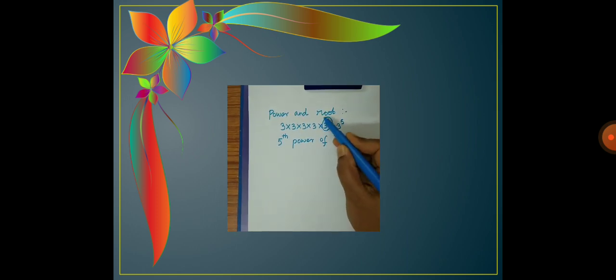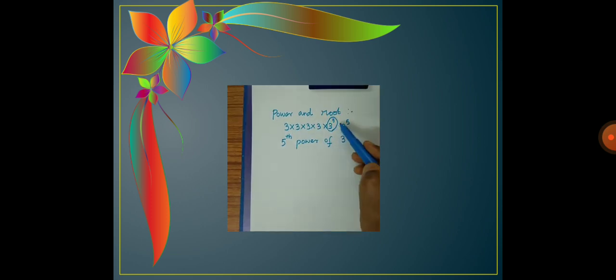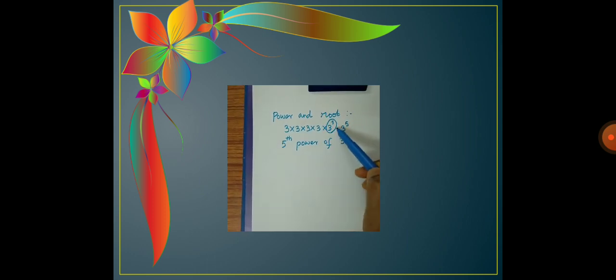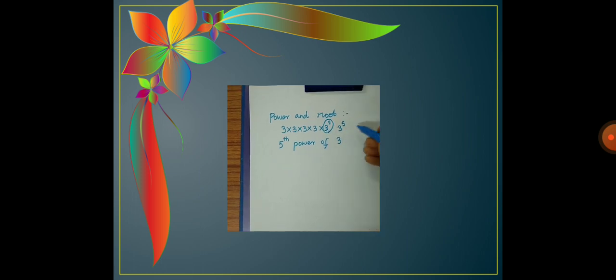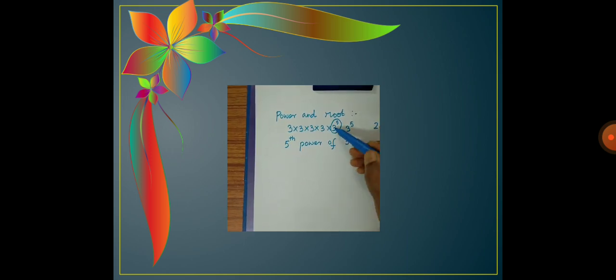So what can be the value of this fifth power of 3? The final value after multiplying. 3 3s are 9, 9 3s are 27, 27 into 3, and then the final answer, 3 raised to the power 5, is 243. So this 243 is what? It is the fifth power of 3, we can say.